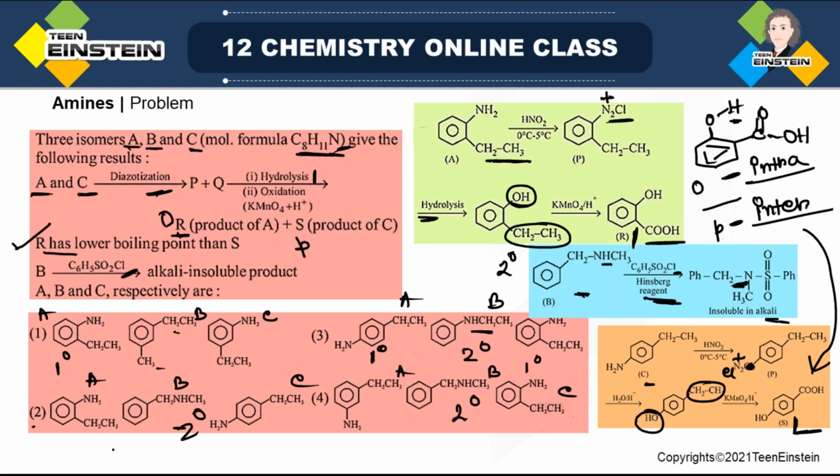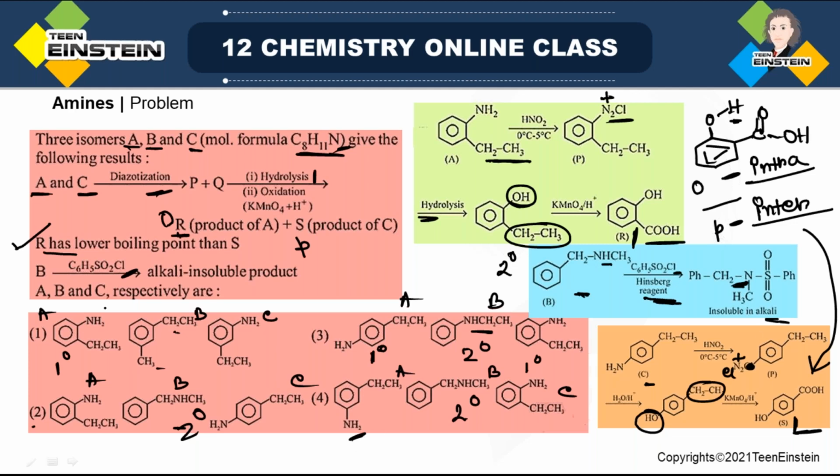Otherwise A and C, if you look at the options, both are actually 1 degree amine with some alkyl substituent. So that is the reason all this information is matching with option 2. And normally it is not meta.